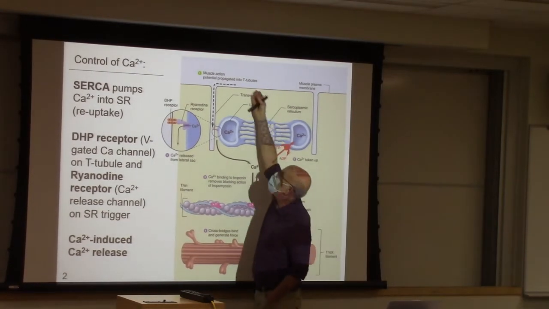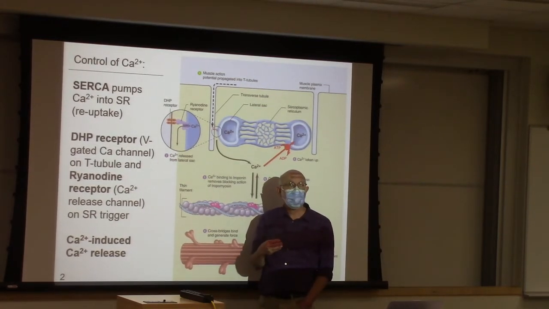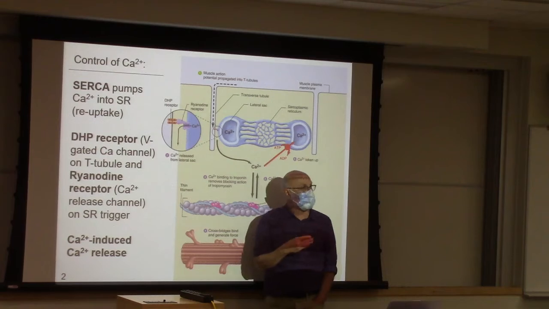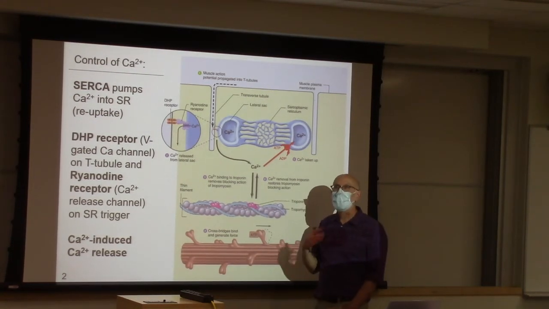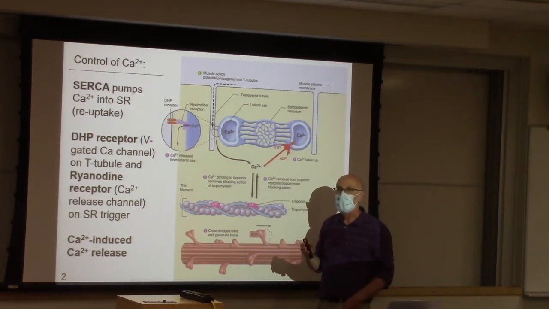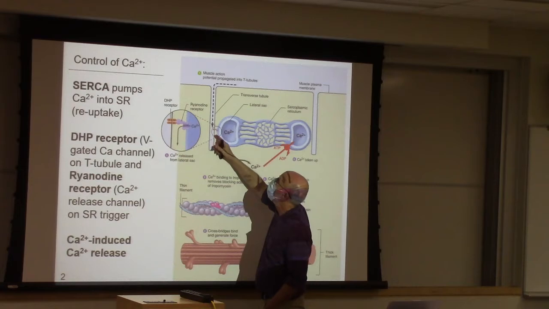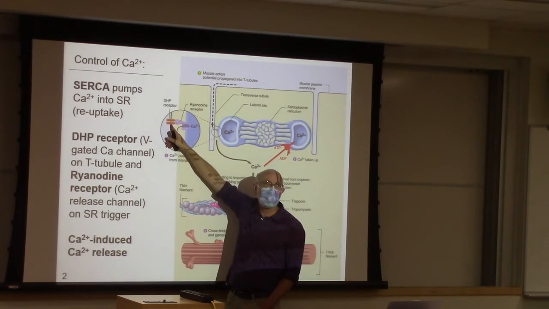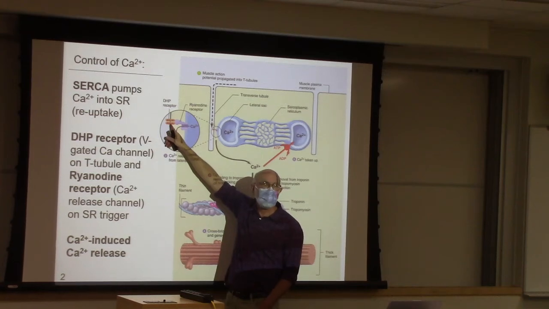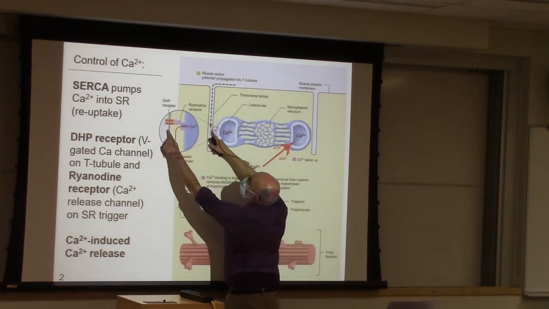When an action potential, a muscle action potential, which is like the ones that we talked about on Monday, voltage-gated sodium channels, sodium influx, depolarization, when that propagates into the T-tubule, it is sensed by a protein, a voltage-sensing protein that is embedded in the T-tubule membrane.